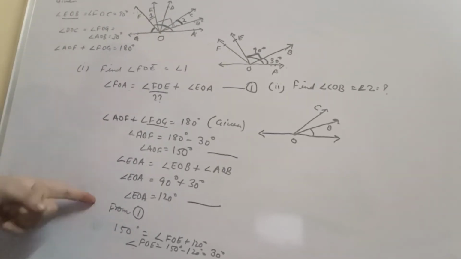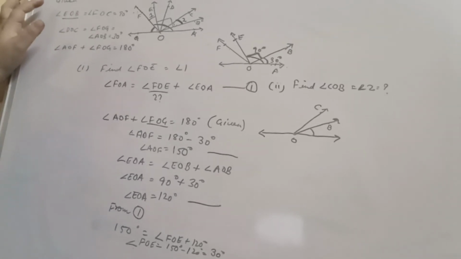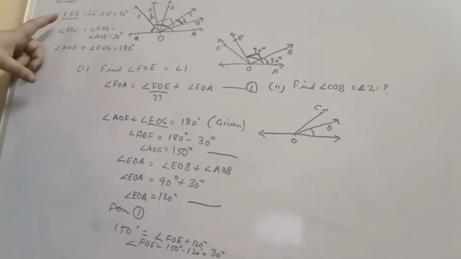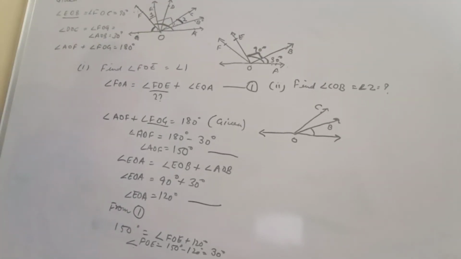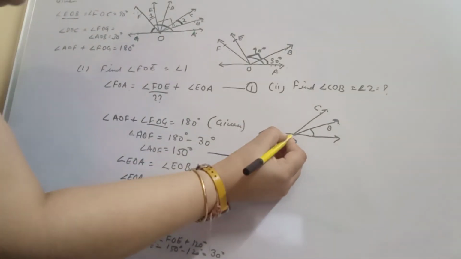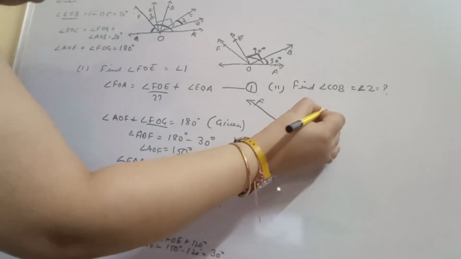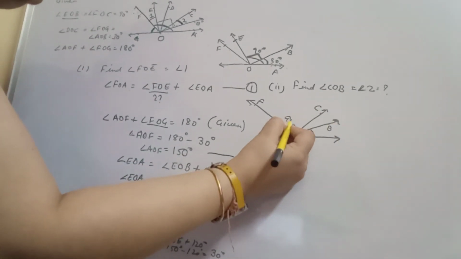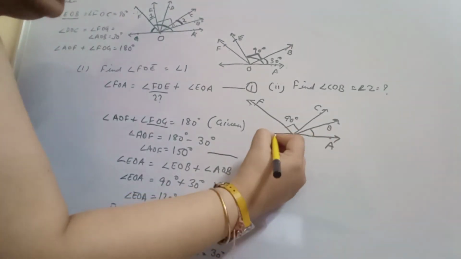I don't have EOC anywhere, so I would skip this part. What else I know is FOC. FOC is known to us, so I draw FOC. This is 90 degrees, and I also know FOA.